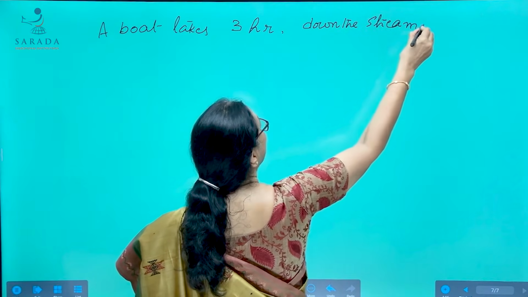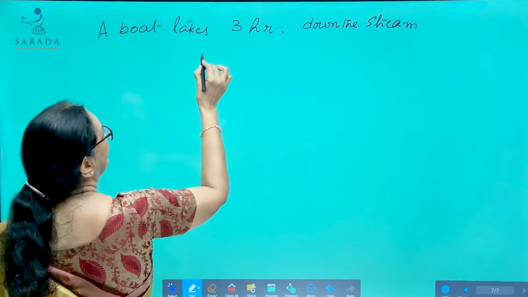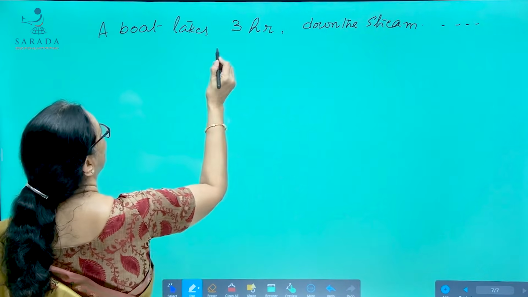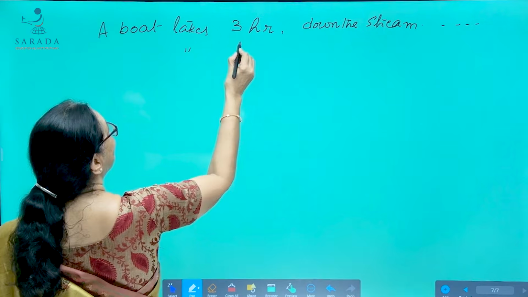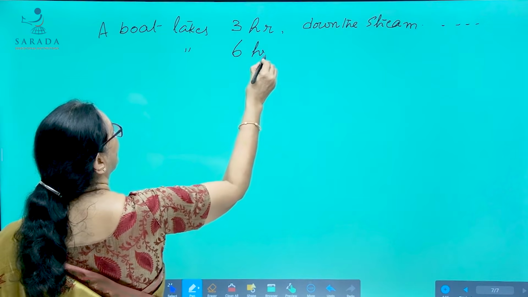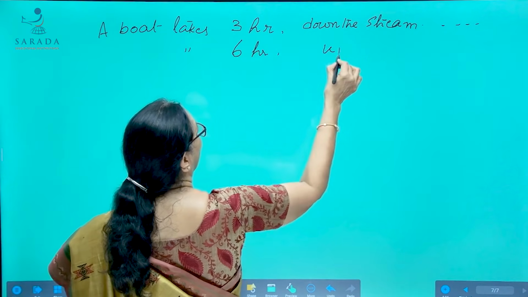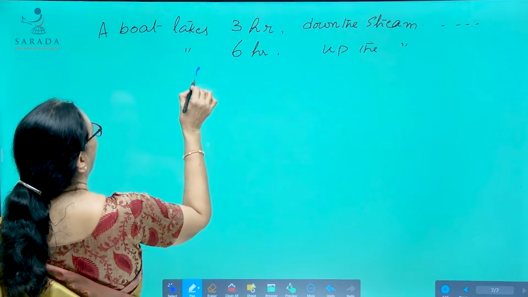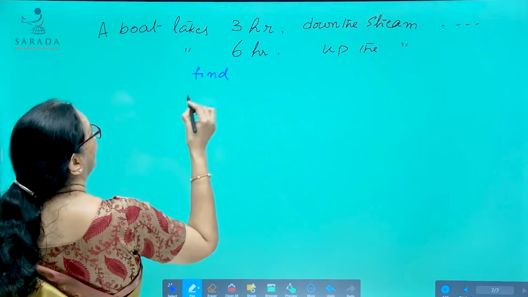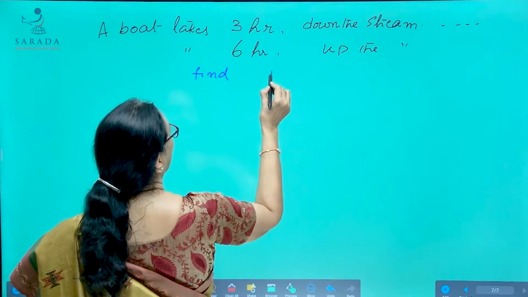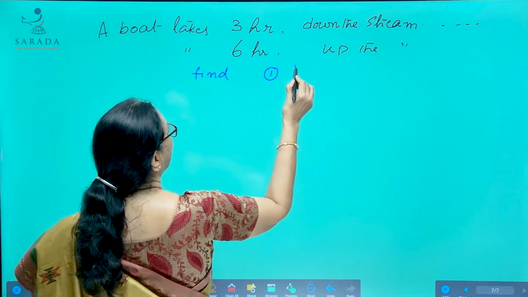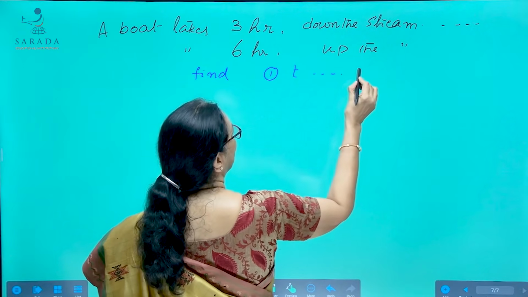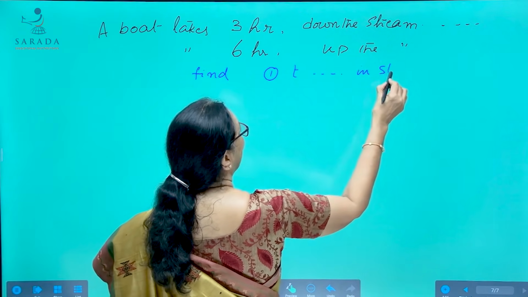To cover the same distance, it takes 6 hours up the stream. Find the time taken by it to cover the same distance in still water.